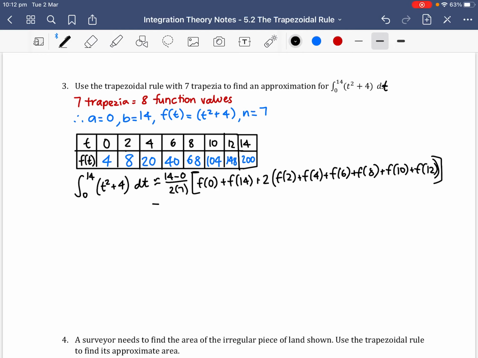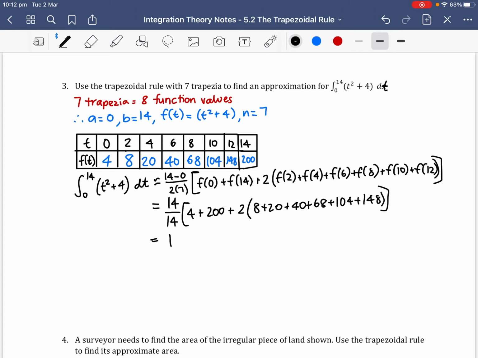Okay, so now we need to substitute our numbers in. So 14 divided by 14, and then we have 4 plus 200 plus 2 lots of 8 plus 20 plus 40 plus 68 plus 104 plus 148.